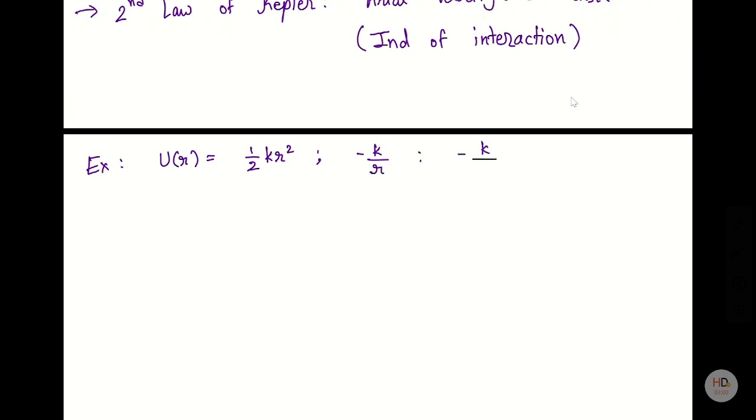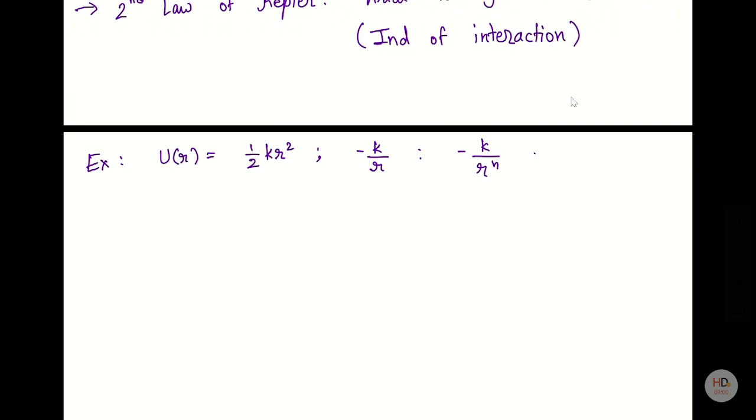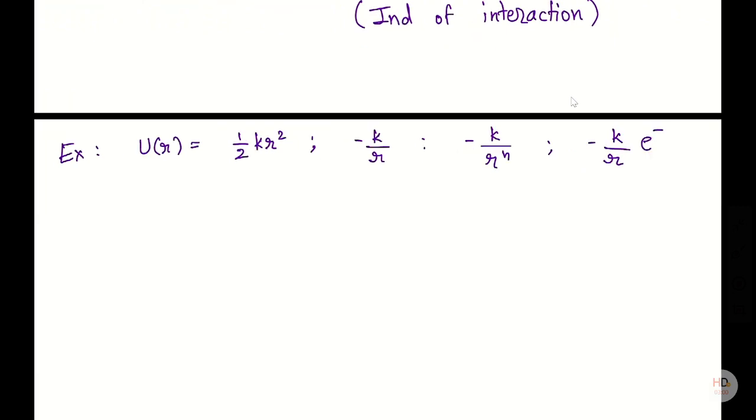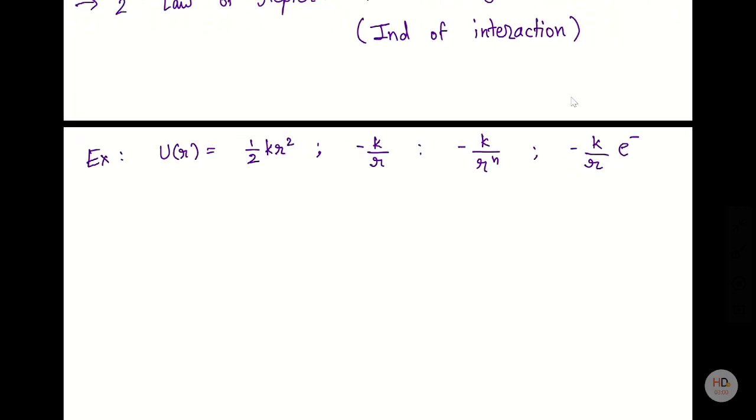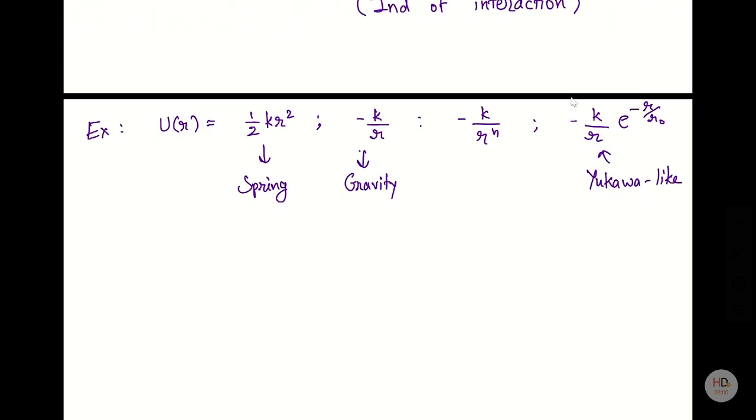In general, it could be minus k by r to the power n, some attracting force, or it could be minus k over r, gravity, with some damping term, r by r naught. This is Yukawa-like potential. This is gravity, and this is spring or Hookean interaction.